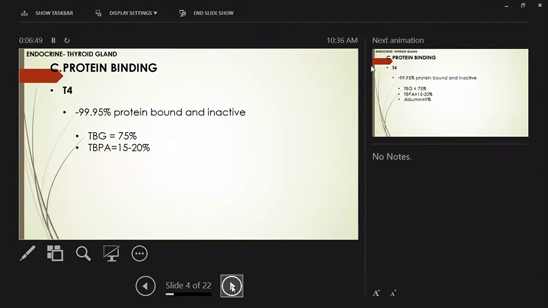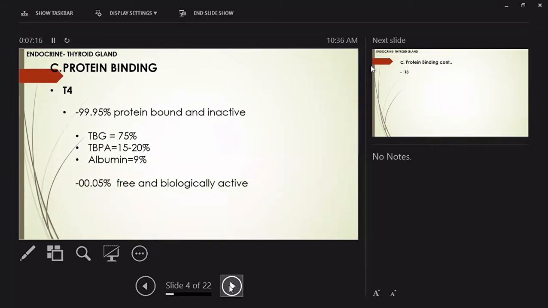And 15 to 20% binds to thyroid binding prealbumin. And only 9% binds to albumin. These are your protein binding proteins, your transport. Only 0.05% is free, and this is already biologically active.